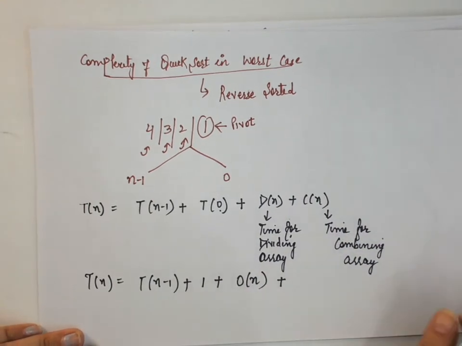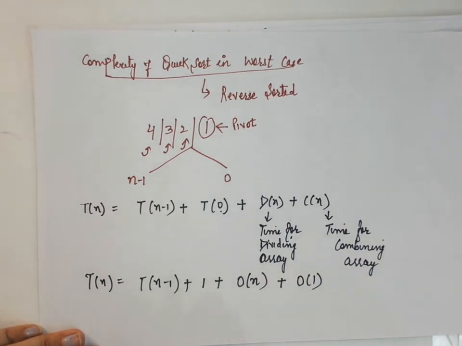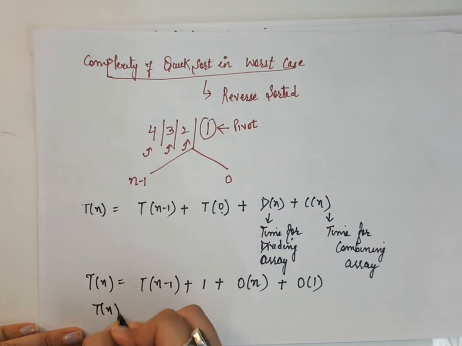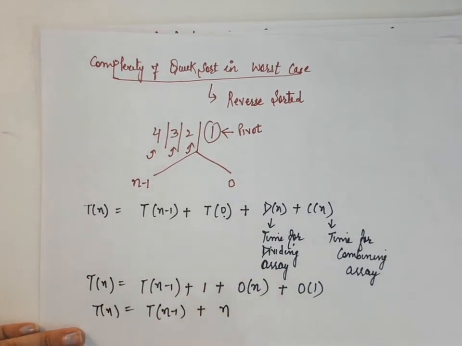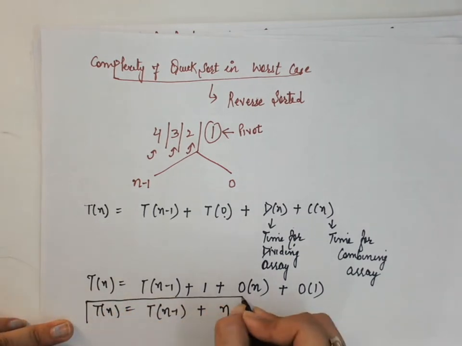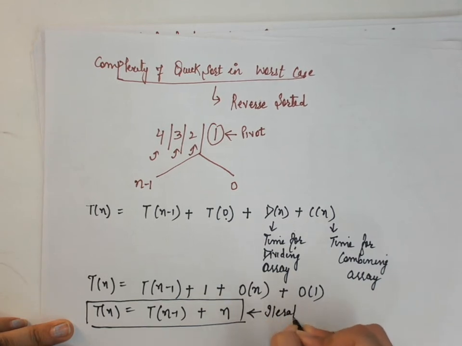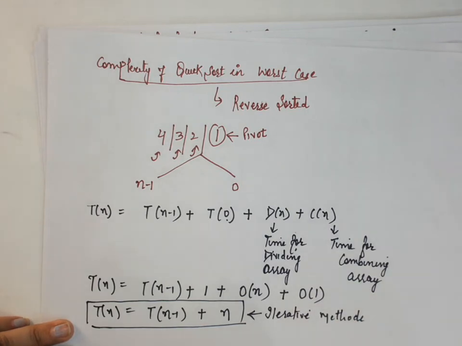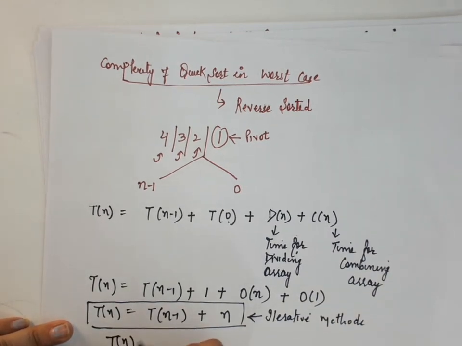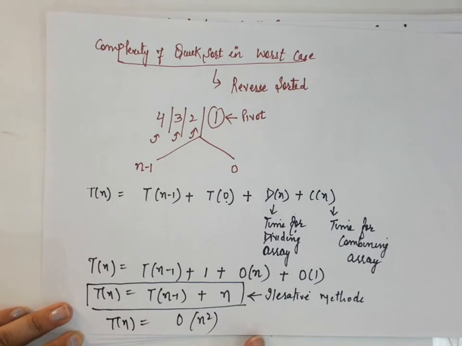As there is no need of merging the array, the time would be constant 1. So my final recurrence is T of n minus 1 plus n. If I solve this recurrence with the iterative method, then my complexity would be equal to big O of n square.